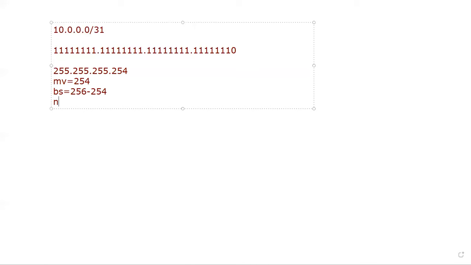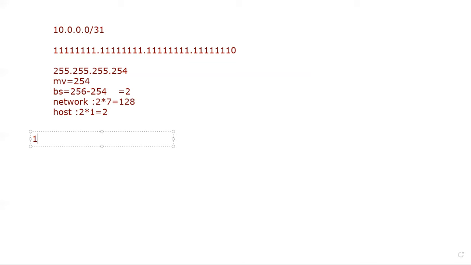What will be the number of networks? Now, how many bits are on? 7. So 2 raised to power 7 is equal to 128. Host bits are 2 raised to power 1 because only one 0 is there, which is 2. So our block size is only 2.